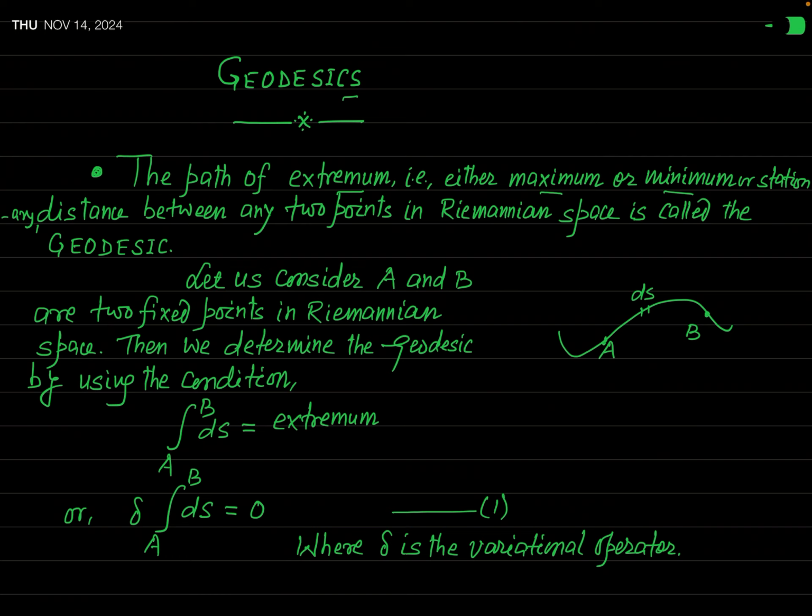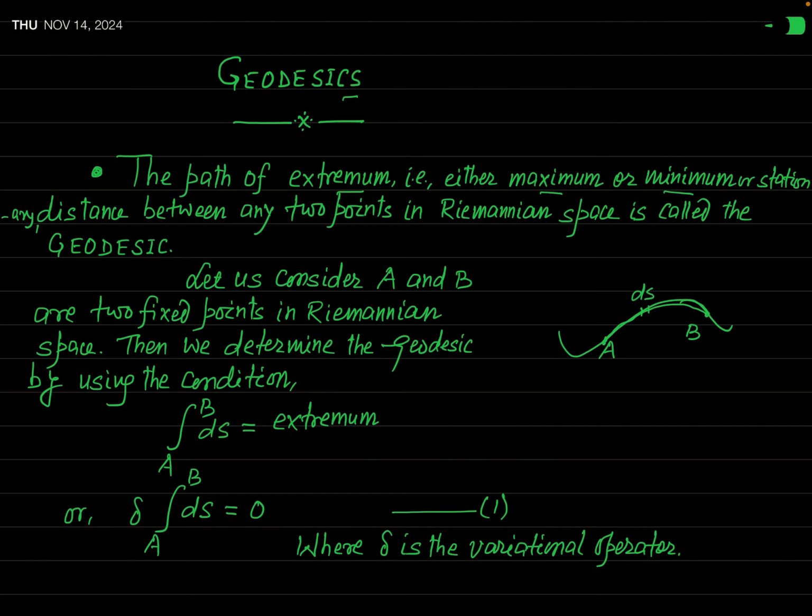So if AB is the geodesic, then the length of this path AB will be either maximum in comparison to the nearby path, or minimum in comparison to the nearby path, or equal in comparison to the nearby path. So how can we define this geodesic?